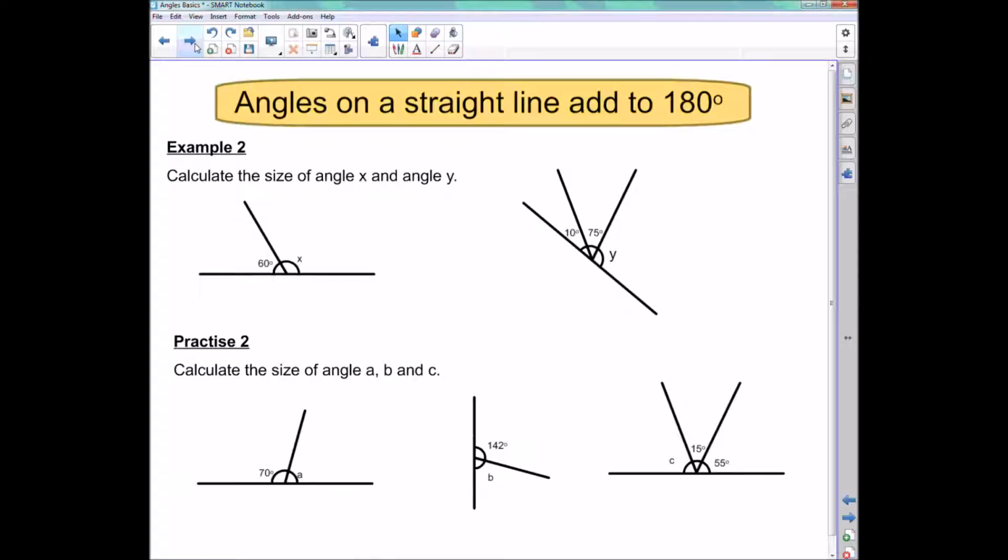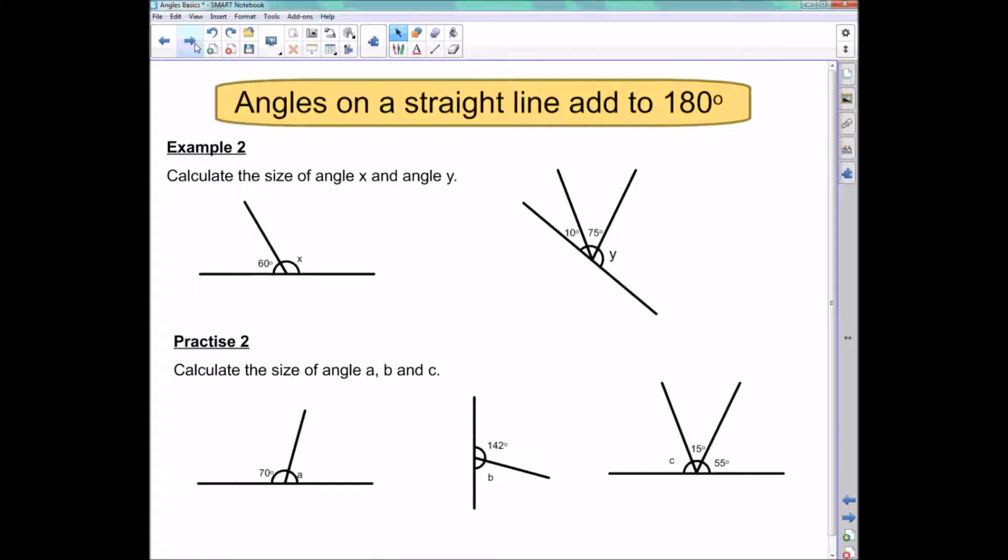The next thing we're going to look at is calculating the size of angles without measuring. So in order to do this, we need to know a couple of angle properties. And the first one I've got at the top here, angles on a straight line add up to 180. So whenever you see a straight line split by a line, then those 2 angles that you've just made will add up to 180.